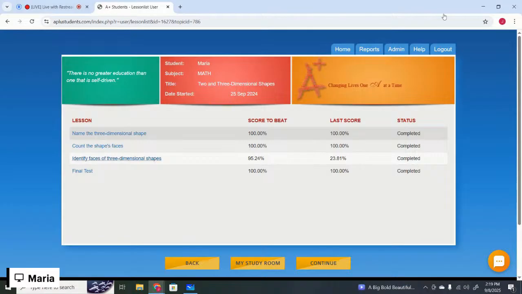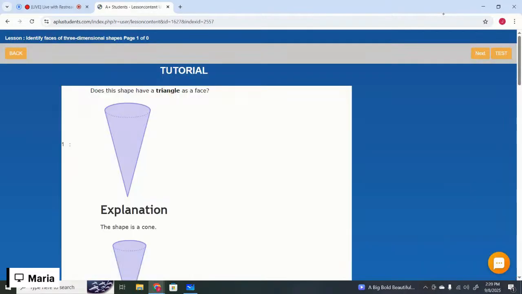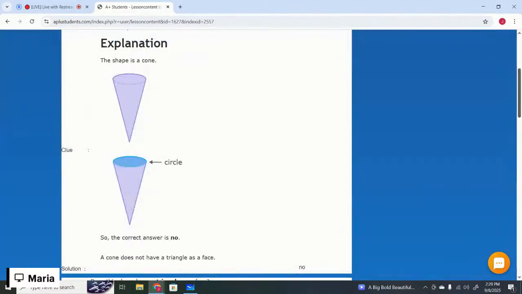Identify faces in three-dimensional shapes. Does the shape have a triangle as a face? The shape is a cone, right?